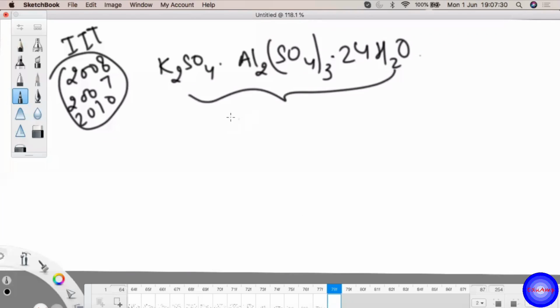This compound is known as potash alum. In IIT, this formula was not given. Only potash alum was written. So if you want to be quick, you should know the formula of potash alum. Then only you can calculate the equivalent mass. Consider the molecular mass of potash alum as M.